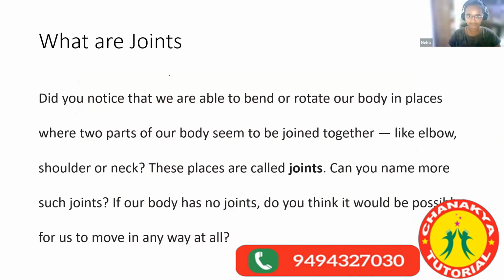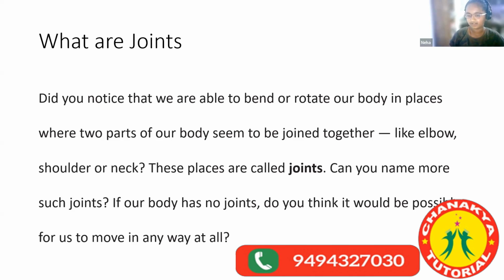What are joints? Did you notice that we are able to bend or rotate our body in places where two parts of our body seem to be joined together, like the elbow, shoulder, and neck? Did you notice that you can bend and rotate in parts where two bones meet?